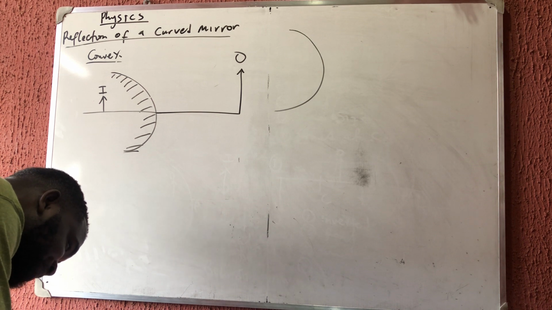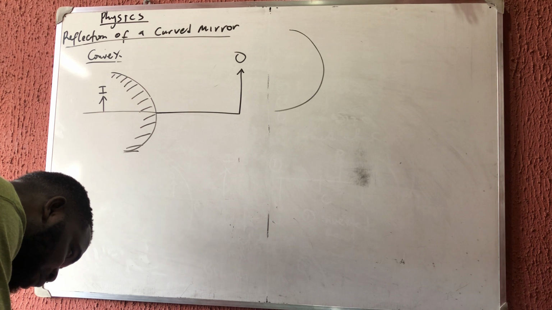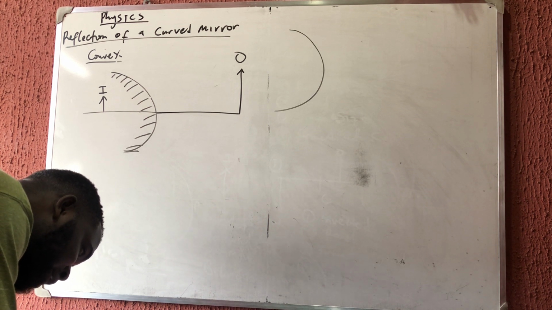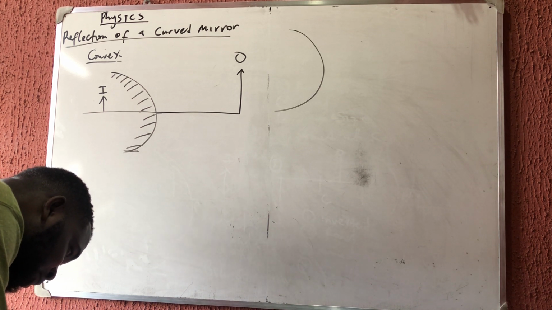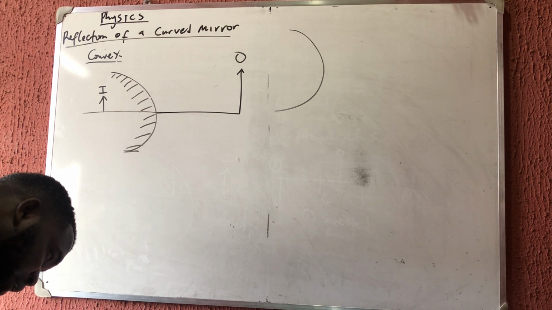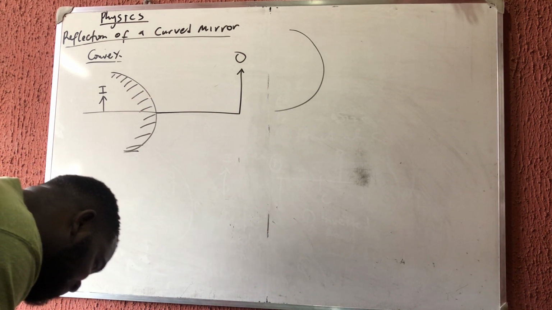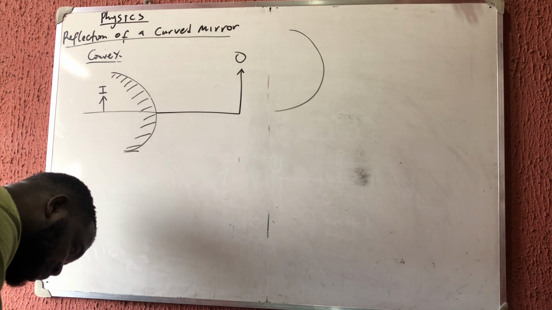Okay, so the answer is B. A convex mirror never produces a magnified image, so it cannot be a convex mirror. A concave mirror can produce an upright and magnified image only when the object is placed between F and P.